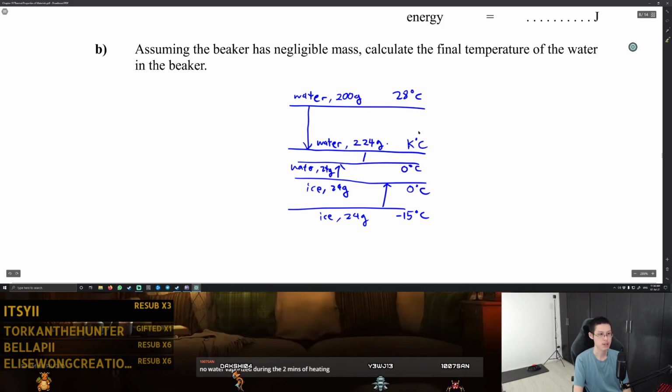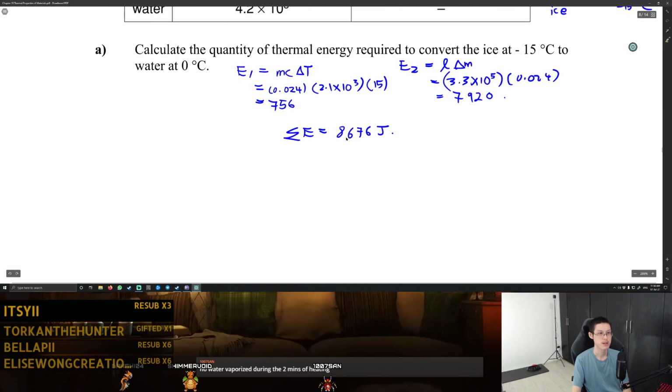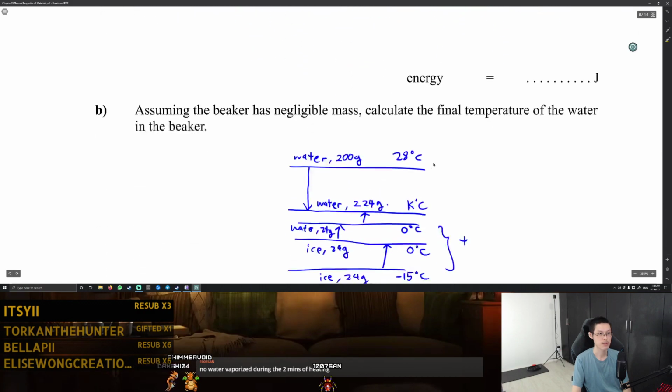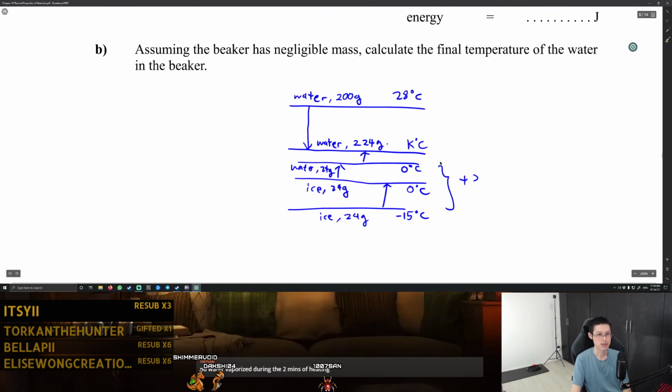And then it's going to increase its temperature to this guy right here. And that's when they sort of merge together. Okay? So we actually know what this is. This is actually going to be positive 8676, what we got earlier. So this is 8676 joules.